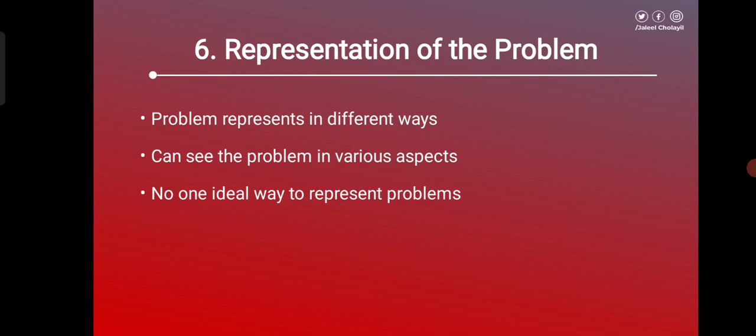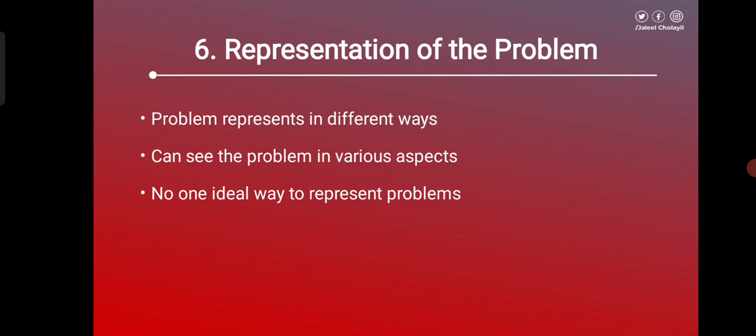Suppose we have a problem, and we look at it from a third person's perspective, or from the perspective of a person who is directly affected by the problem. Then we are changing the representation of the problem, and we may find a way to solve it.